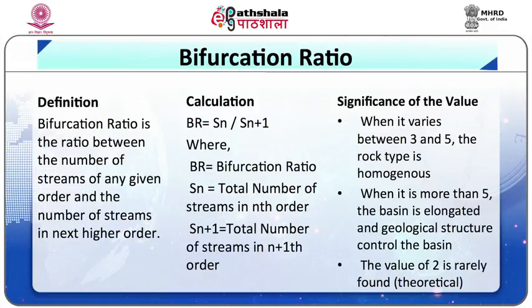We can calculate the bifurcation ratio between the number of streams in first order and that in second order, between the number of streams in second order and that in third order, and so on.